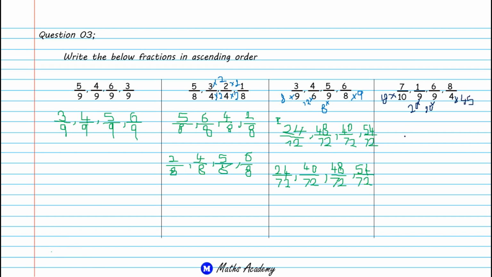If you multiply the denominator by respective numbers, you should also multiply the numerator by respective numbers. 180 is the common denominator for all, and now we should arrange them in ascending order.